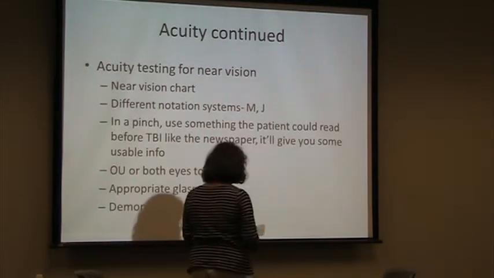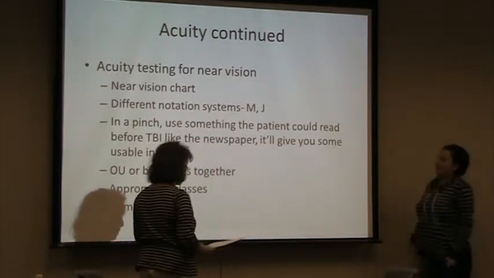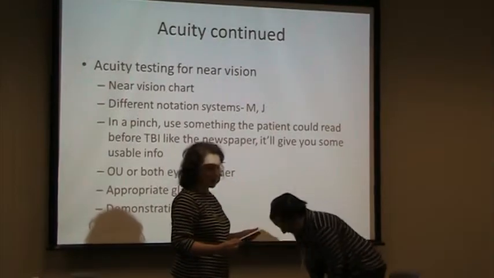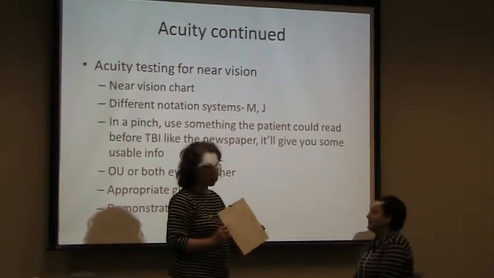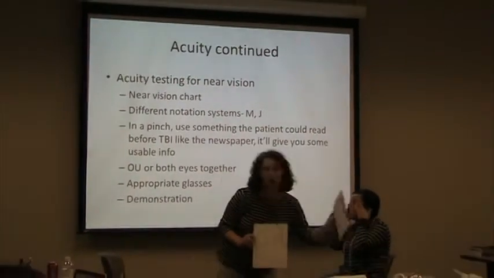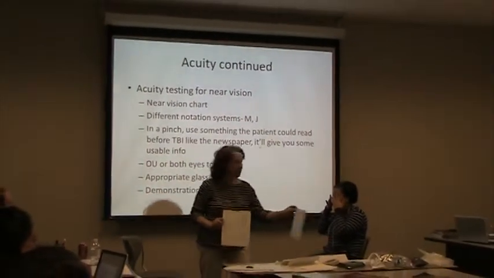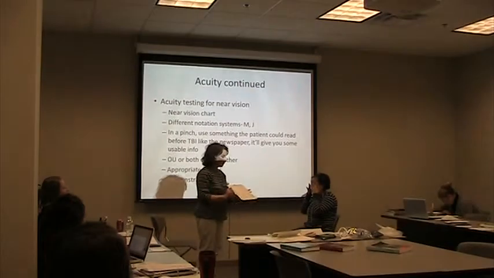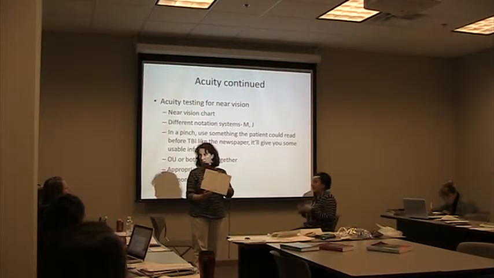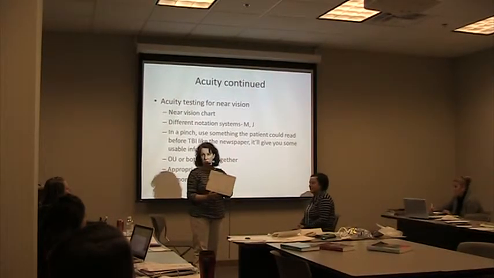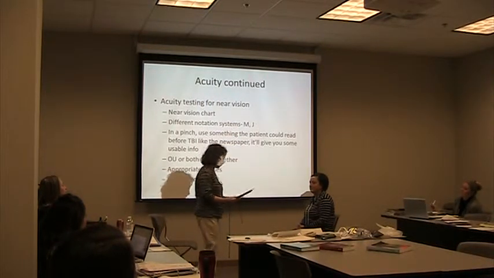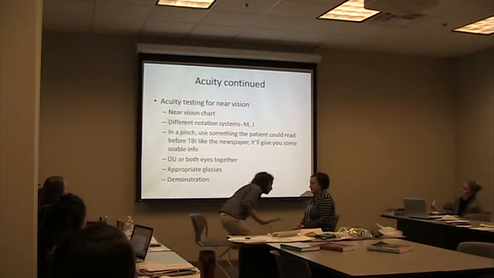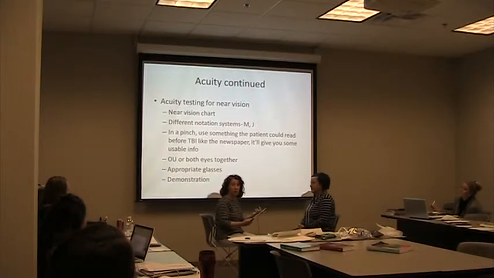So have a seat. There are several different ways to test acuity. This is a Snellen chart. This is very common, and like Irma said, there are other kinds of charts. This is a Mary Warren near vision testing card. What I tell folks is they have to have their appropriate glasses on.